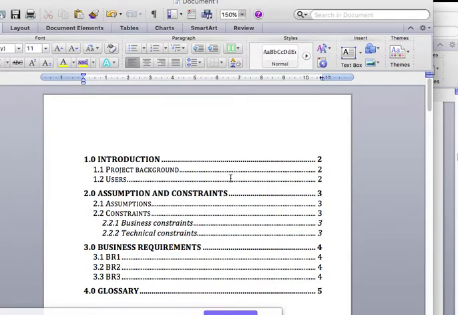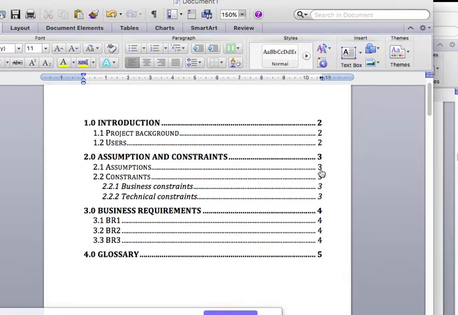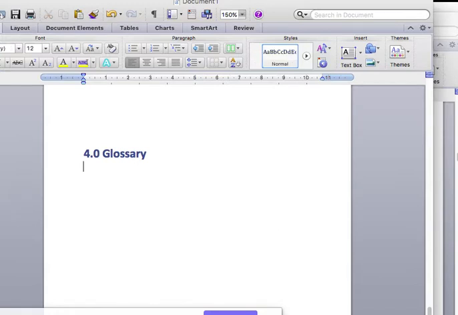Say okay. Now if you see here, the page numbers have been updated: this has gone into third, this into fourth, and this is the glossary. I go here. In the glossary, for example, if you want to add 4.1 as a business glossary, then you may say 4.2 as a technical glossary.